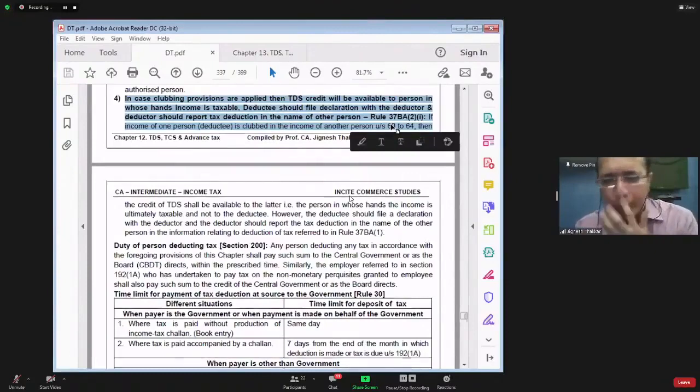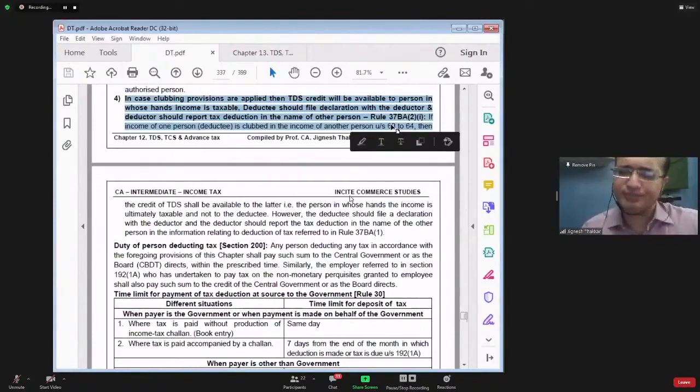So while filing the TDS return, the payer will mention the name of the parent and not the name of the minor. So who will be in a position to claim the TDS credit? The parent will be in a position to claim the TDS credit, and since he is in a position to claim it, his tax liability payable finally will be less, and the minor is not going to get any refund.